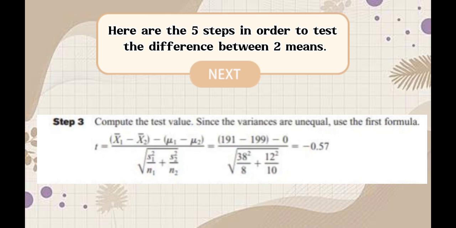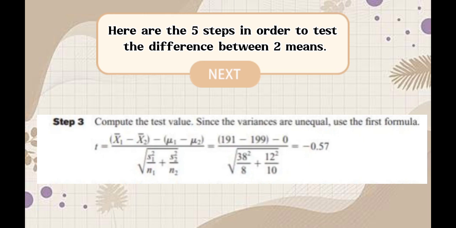Please take note of this formula, guys. We need to substitute all the numbers given into the respective variables. The mean of the first group is 191 and the mean of the second group is 199. Since we don't have mu1 and mu2, it is automatically 0.